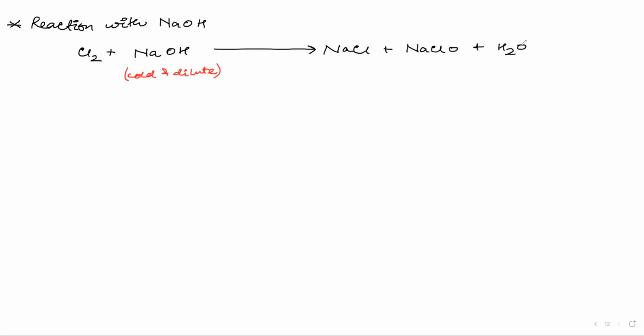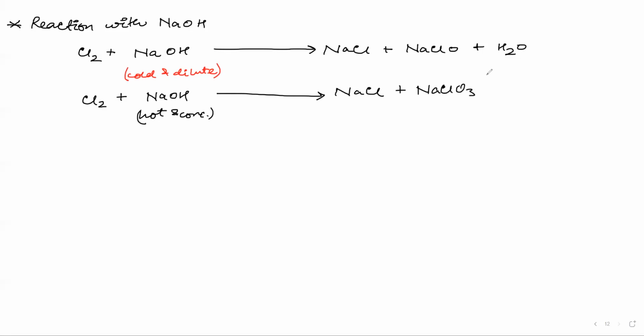And if you have Cl2 plus NaOH that is hot and concentrated, then since NaOH is more, you will get NaClO3 plus H2O.